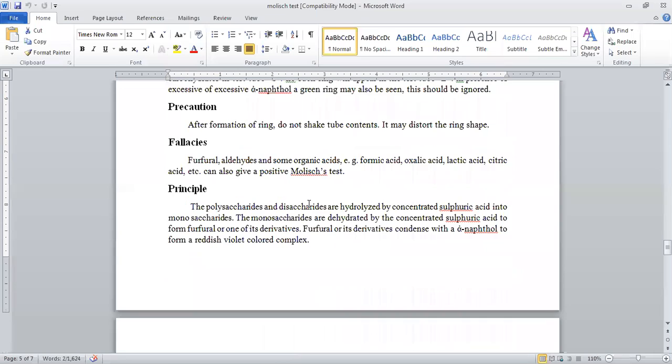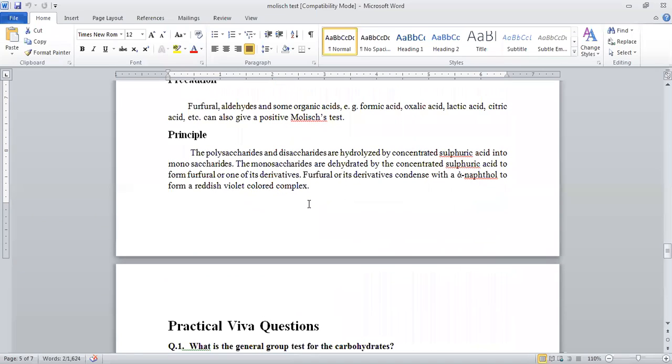Now, what is the principle of this test? The principle of this test is quite simple. The carbohydrates which are present in the sample may be polysaccharides or disaccharides or maybe conjugated compounds. First of all, what happens in the test tube?